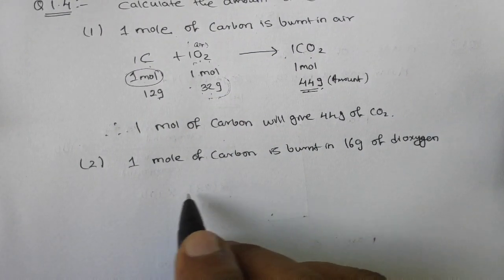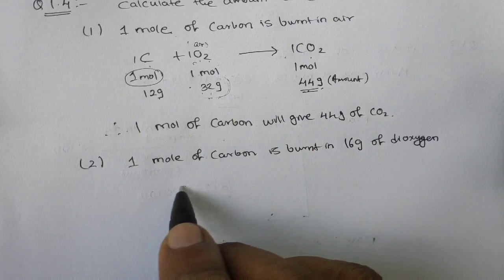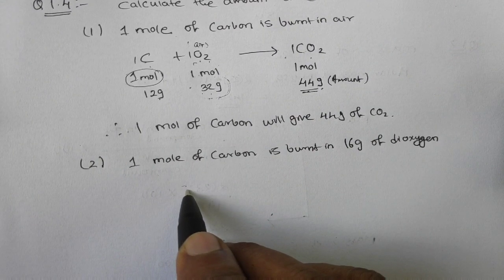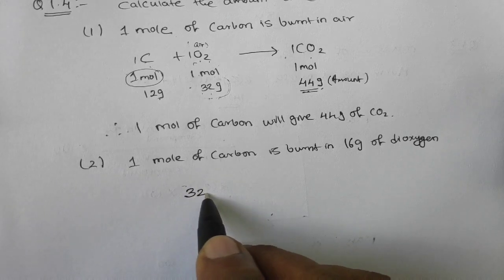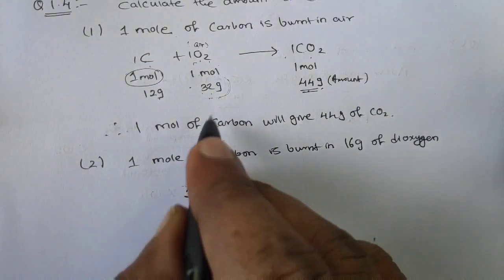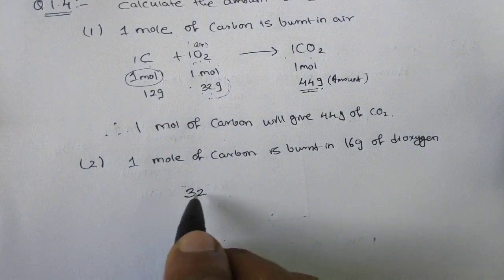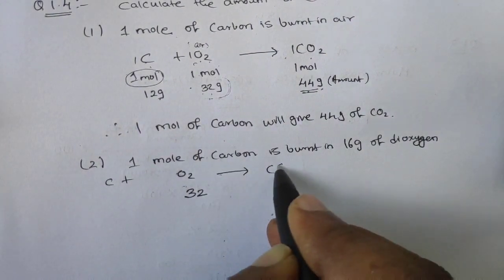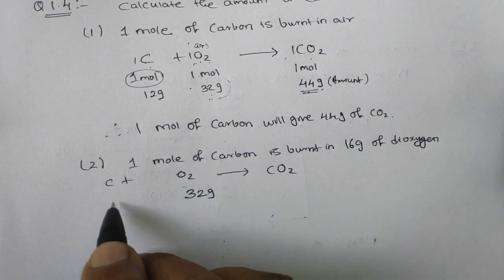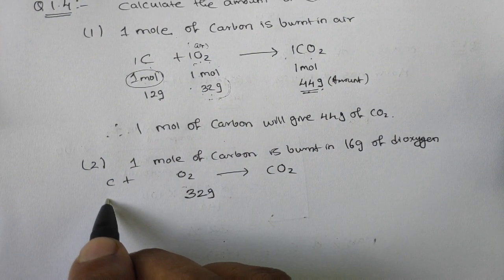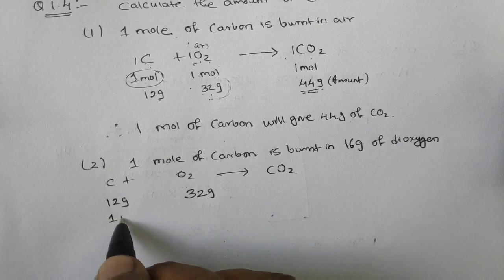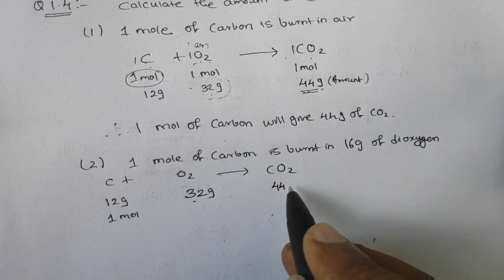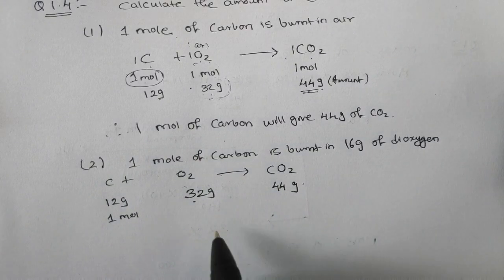So we can make a simple cross multiplication. C plus O2 gives you CO2. 12 gram, which is equal to 1 mole of carbon, with 32 gram of oxygen, you get 44 grams of CO2, right?